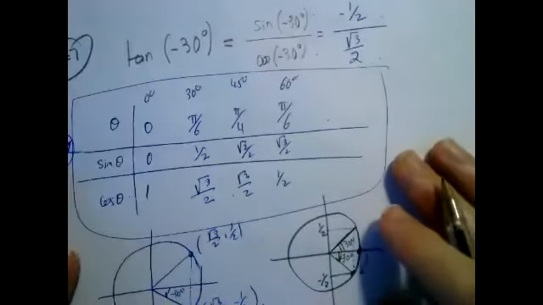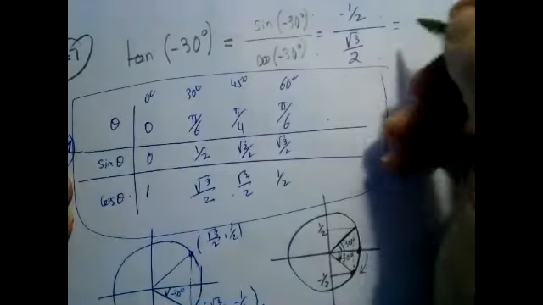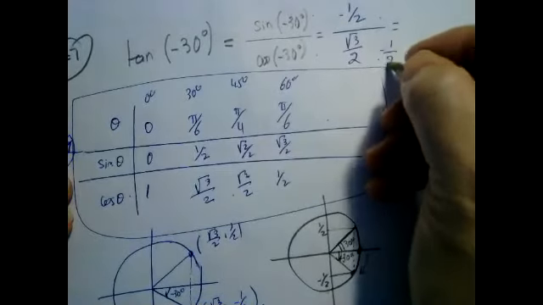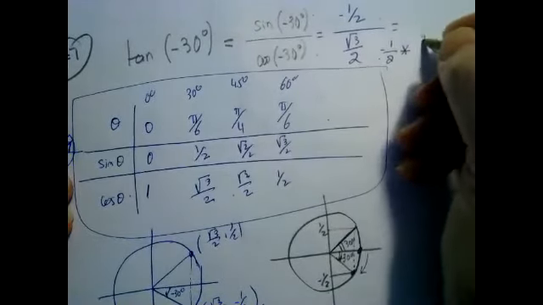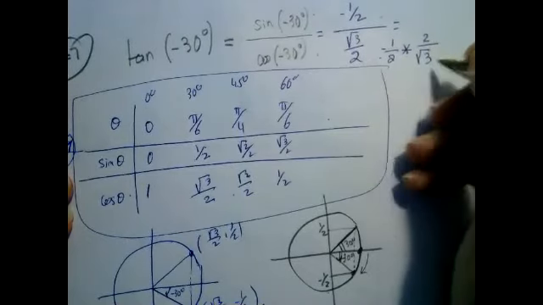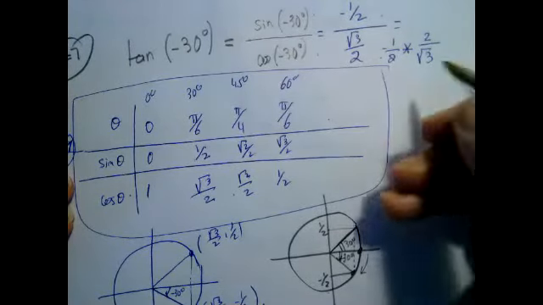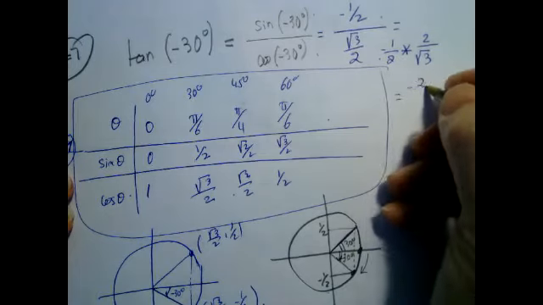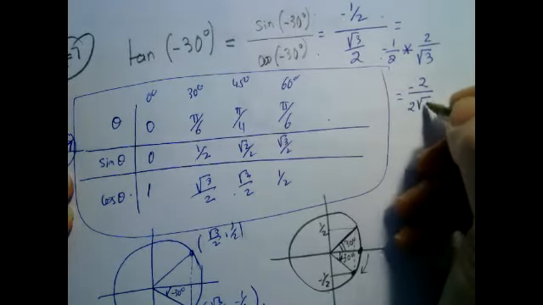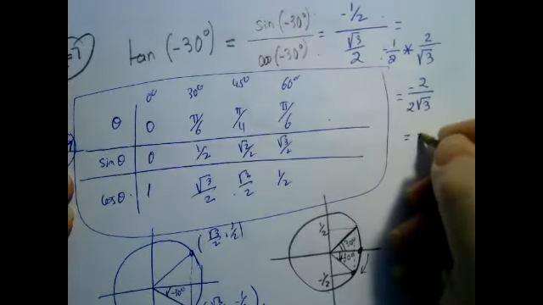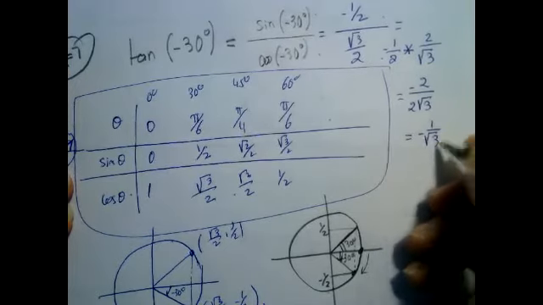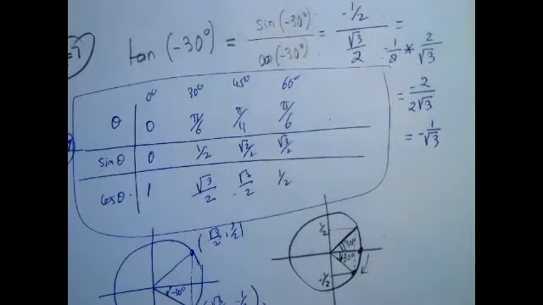Now the algebra. How do we divide fractions? It's the numerator times 2 over the square root of 3. Which is going to give me minus 2 over 2 square root of 3, which is minus 1 over the square root of 3. Okay, so that's how we expect to find the exact value.